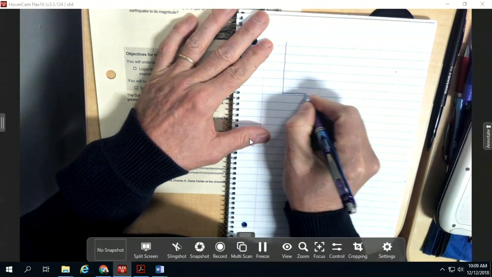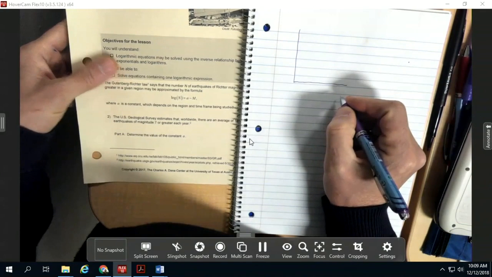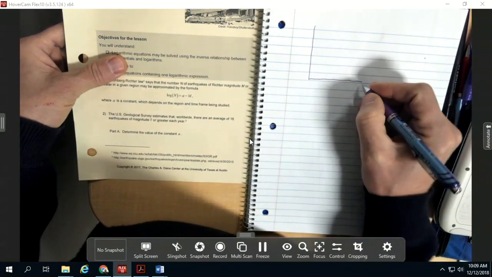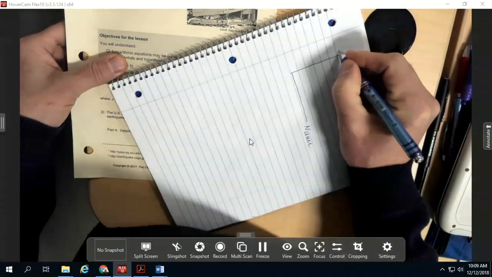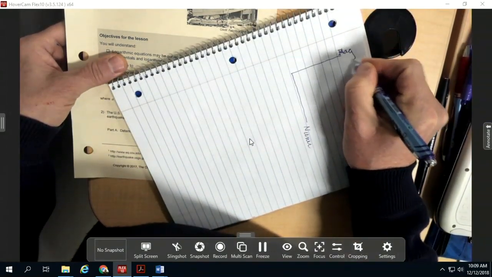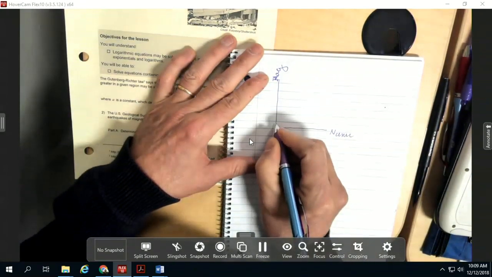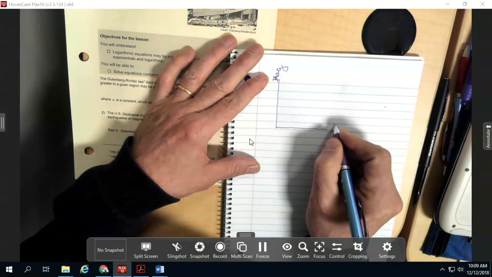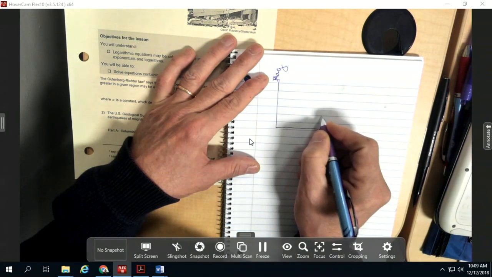Okay, it says here, what type of mathematical model might relate the frequency and the type of earthquake? Well, let's think about it. Let's say this is the number of earthquakes and this is the magnitude. If we had a magnitude 5 earthquake, there might be a lot of them. Magnitude 6, not as many.